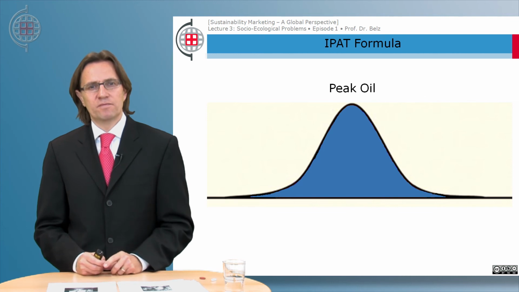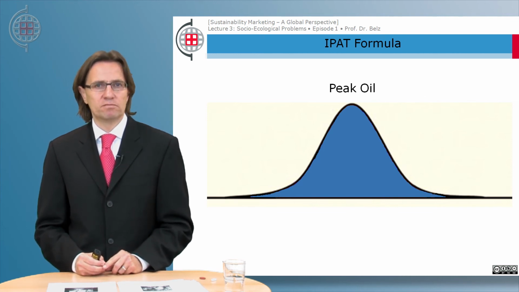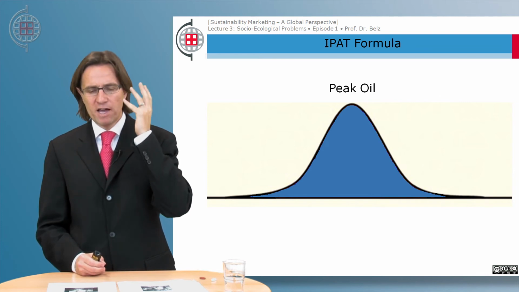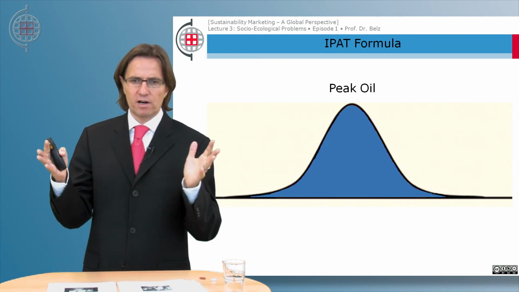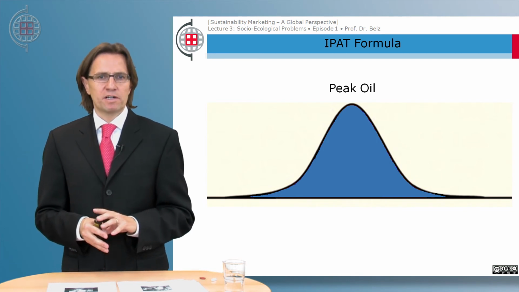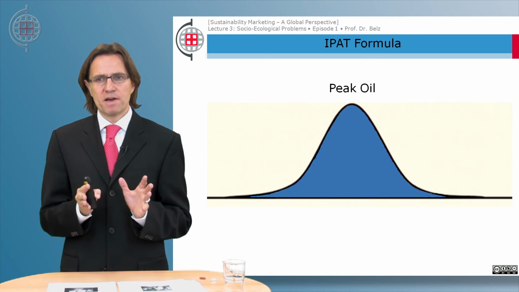Some argue that we have already reached peak oil. What does that mean? It means the maximum production of oil. Imagine all over the world there are roughly 5,000 oil fields, but 200 really matter.